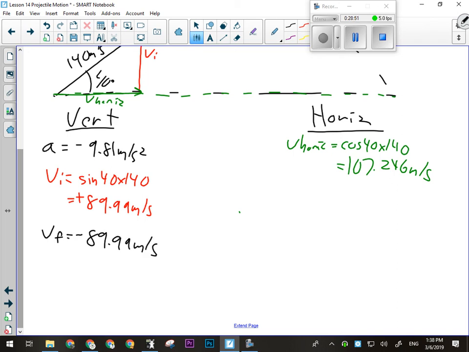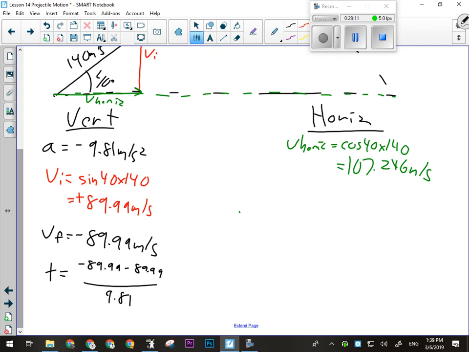All right, what can I calculate now? Time. So to calculate time, I'm going to go negative 89.99 minus 89.99 divided by 9.81. In other words, VF minus VI over A, right?